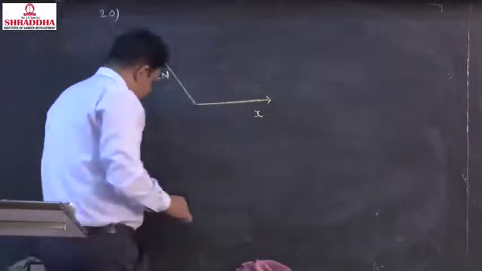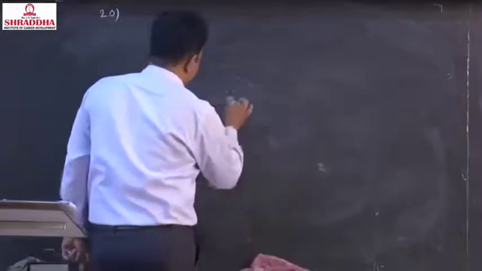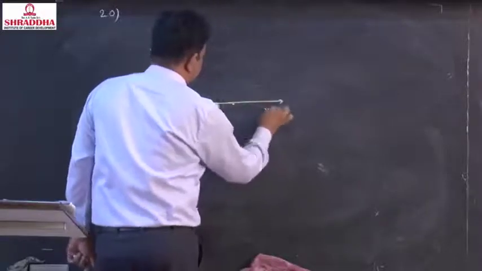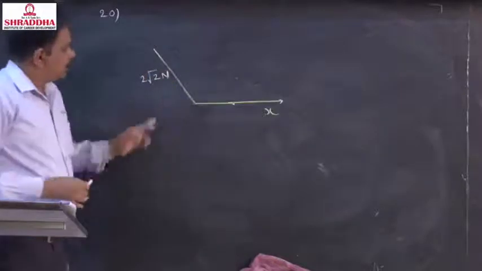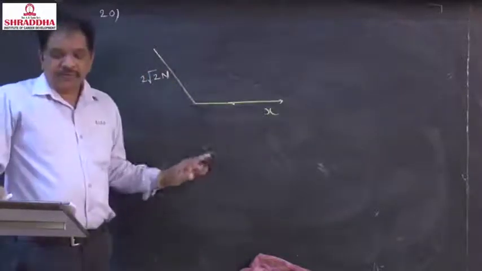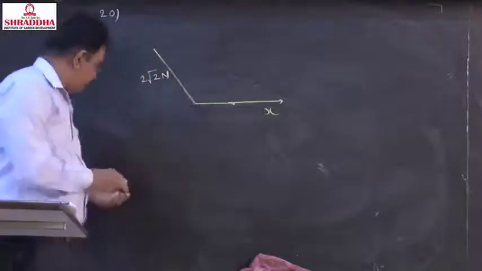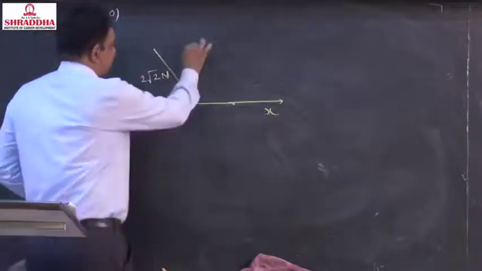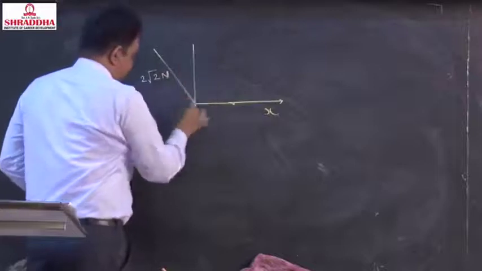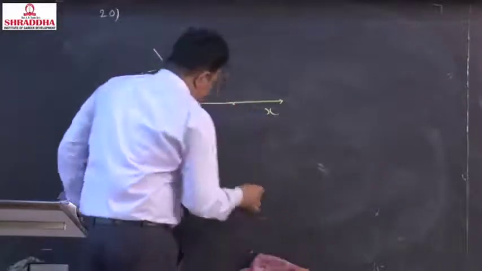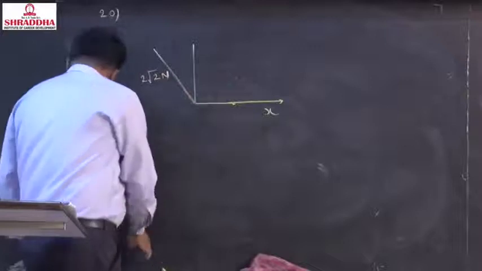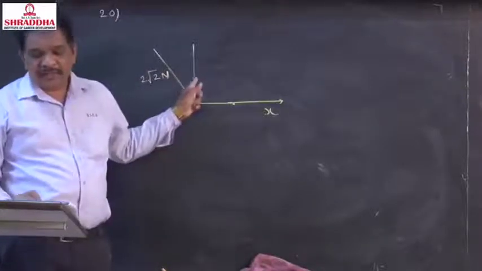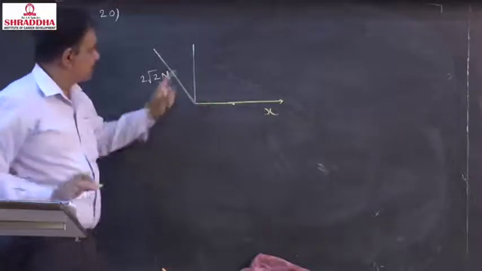We don't know how much this x value is. The resultant of these two will have a magnitude of root 6 Newton, and that is perpendicular to x.